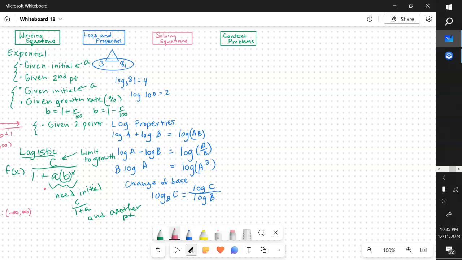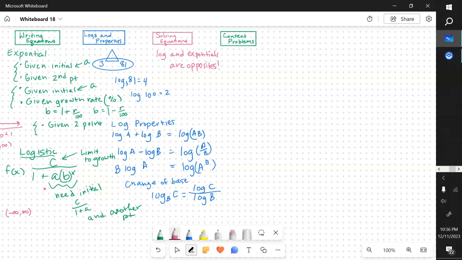The big thing you should know about solving equations is that logs and exponentials are opposites. They undo each other. So when we go through the process of cleaning up our house and then blowing up the house, the way we clean up the house is by undoing the way we blow up the house.